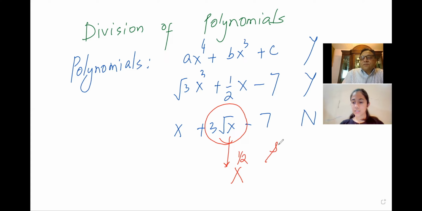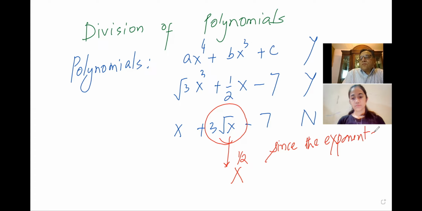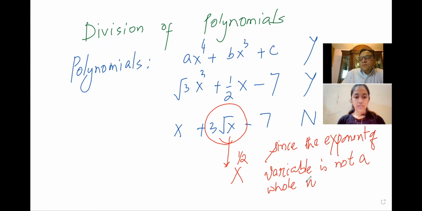So since the exponent of the variable is not a whole number. Do you understand? Yes. It is not a polynomial.